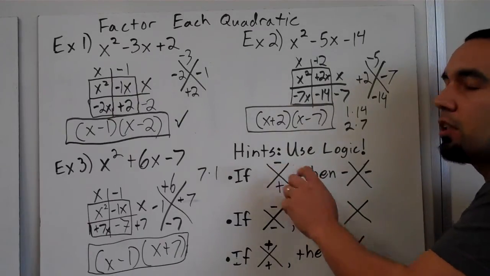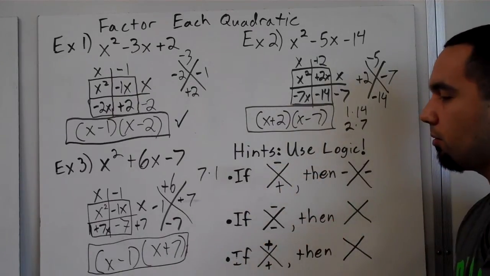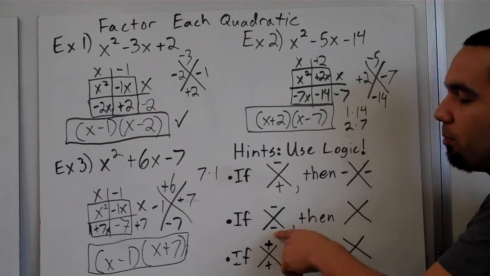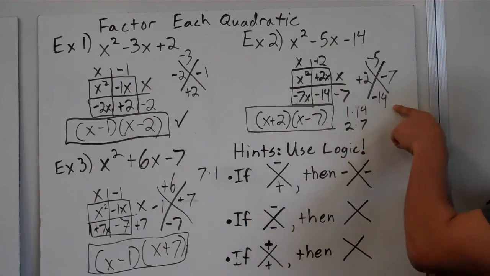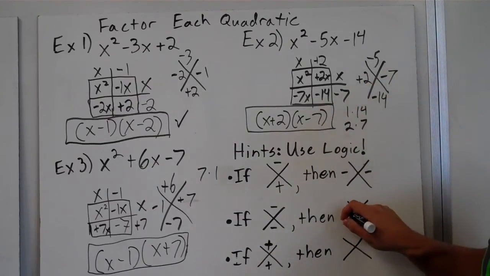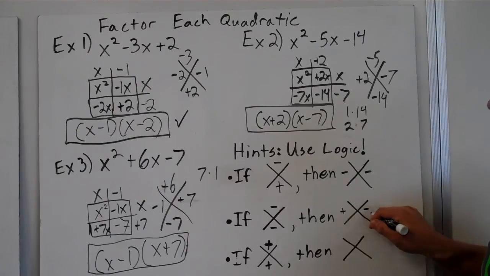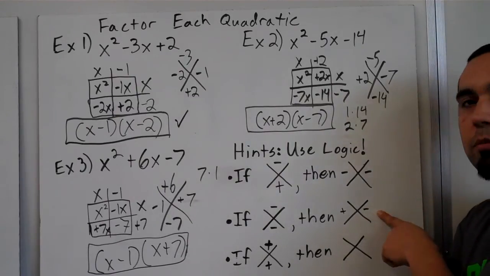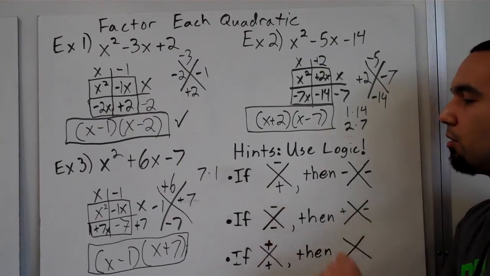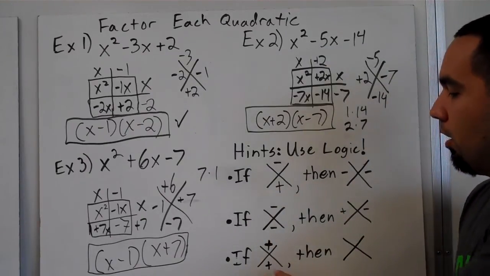And the top number is going to be adding those two negatives together, okay? We also know that if I have a negative on the bottom and a negative on the top, like I did here in example 2, I must have a positive and a negative, okay? But again, we also know that the negative number must be the larger number because when they add them together, you get a negative, okay?